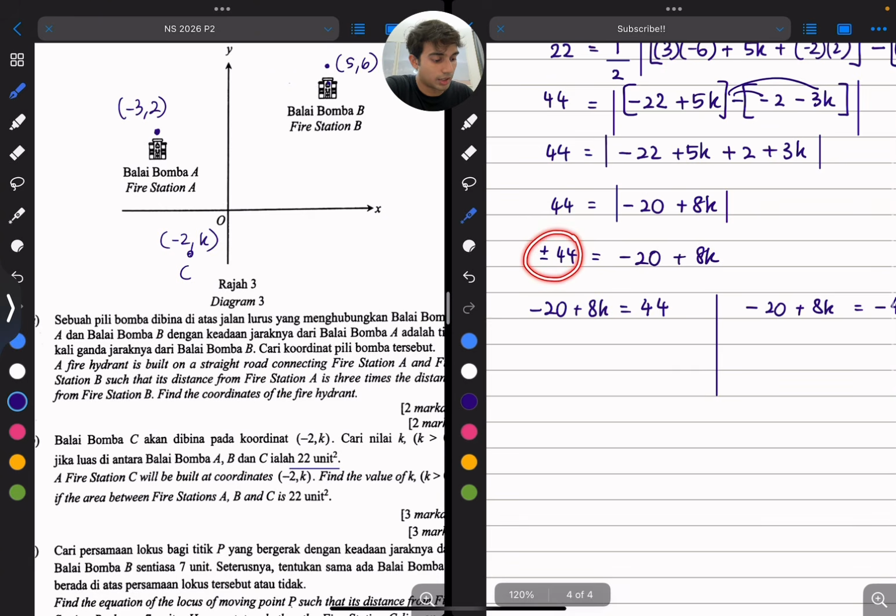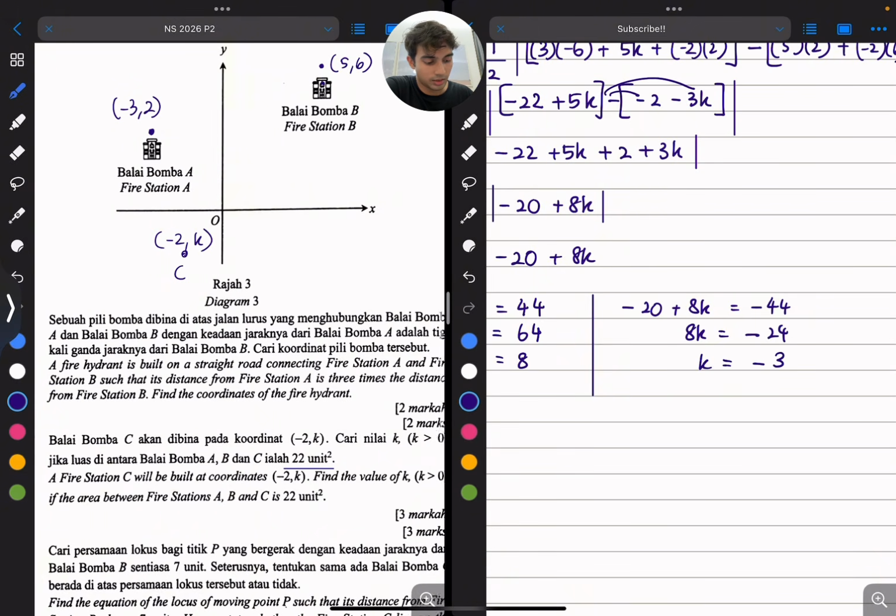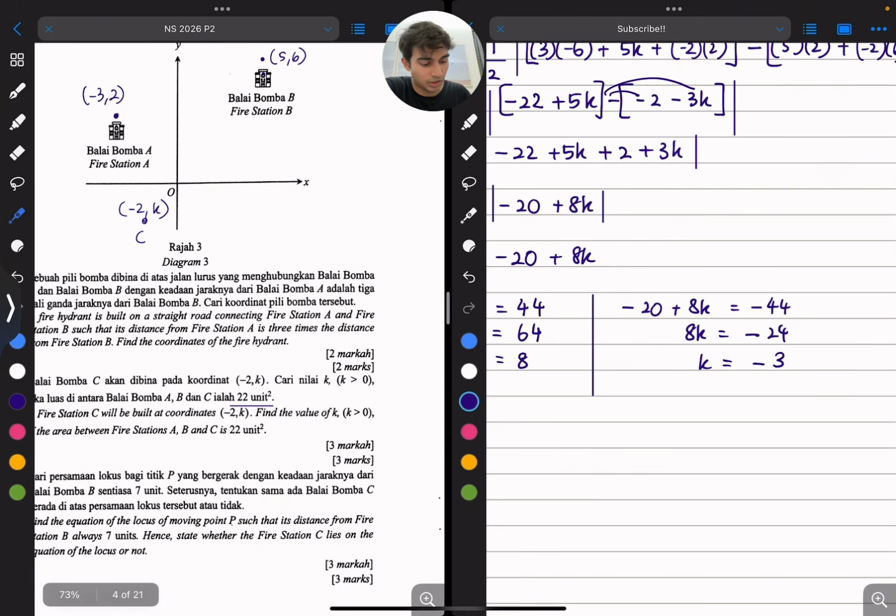Got two different answers. So let's solve here. 44 plus 20 is 64. So k will be 8. Here, negative 44 plus 20 is negative 24. k is negative 3. Here they already gave us the condition where k is more than 0.